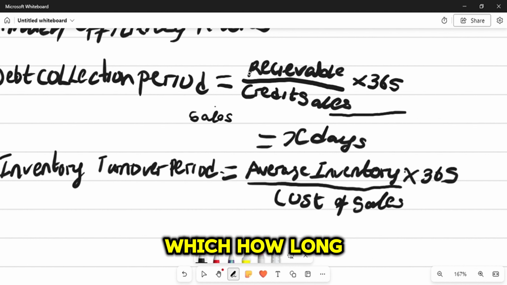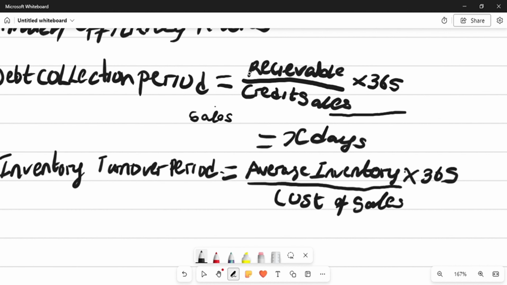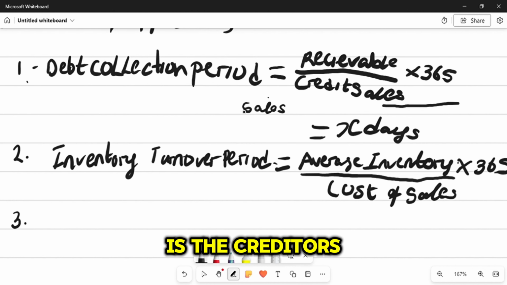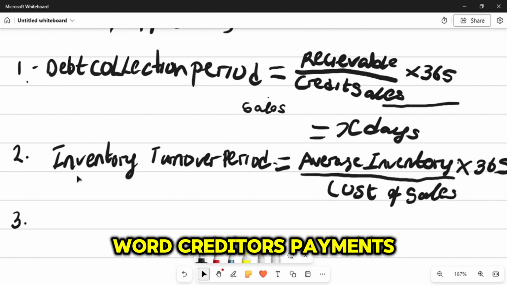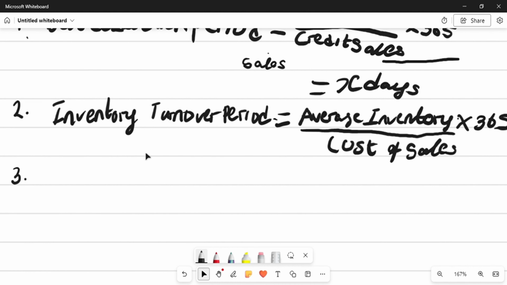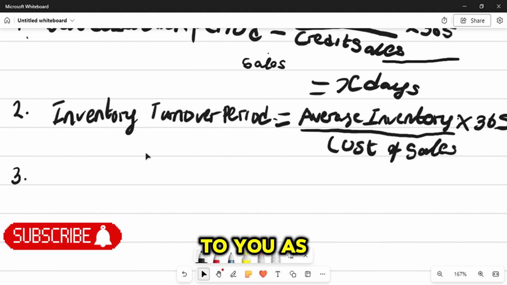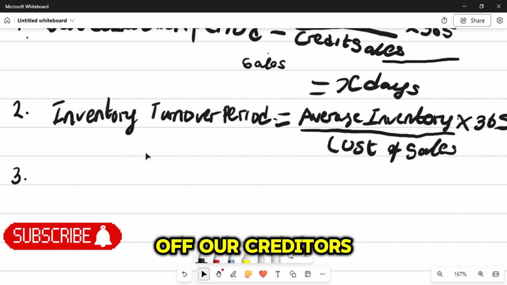This has to do with how long it takes the inventory to turn over. The next formula we're going to be looking at is the creditors payment period. When you hear the words creditors payment period, it can come to you as how long it takes us to pay off our creditors.